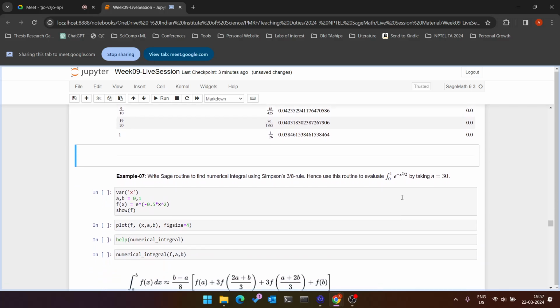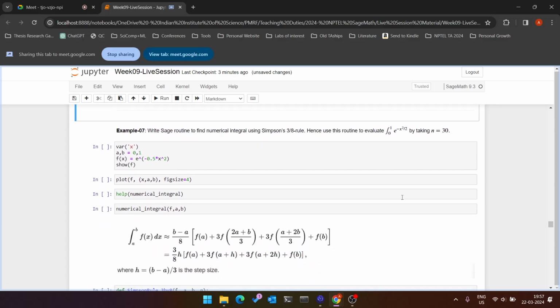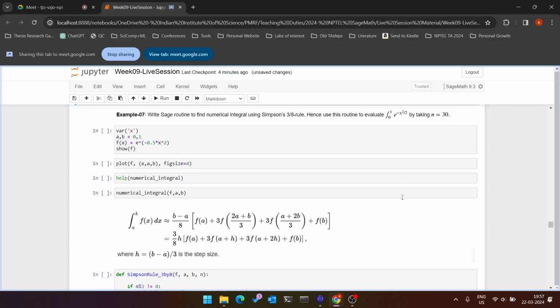Next up, we have an example 7, which says that we have to write a Sage routine to find a numerical integral using Simpson's 3 by 8 rule. Hence, use this routine to evaluate the definite integral going from 0 to 1 of e raised to minus x square by 2 by taking n equal to 30.